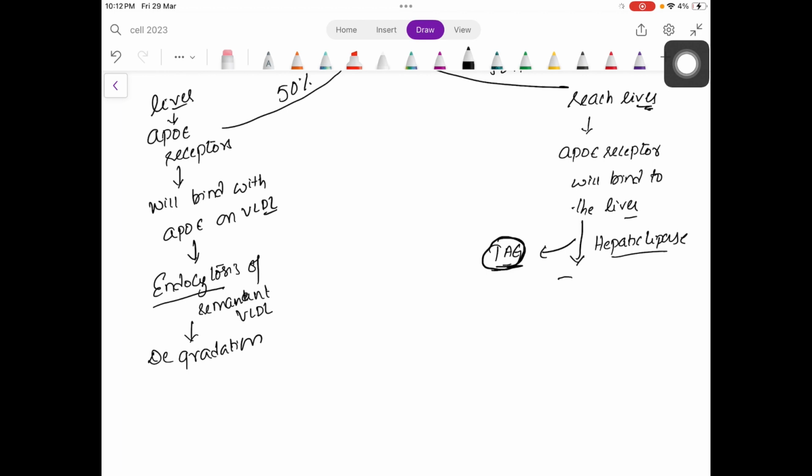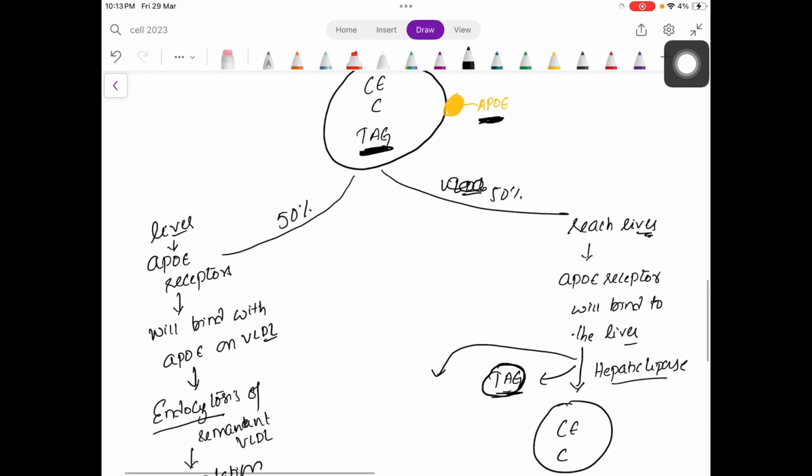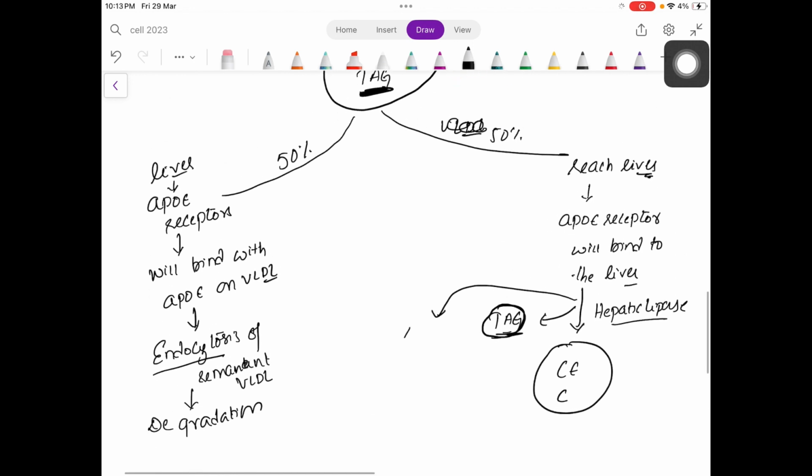Now the molecule will have only cholesterol ester and cholesterol, and the ApoE which is present in the VLDL remnant, this ApoE is transported to HDL.